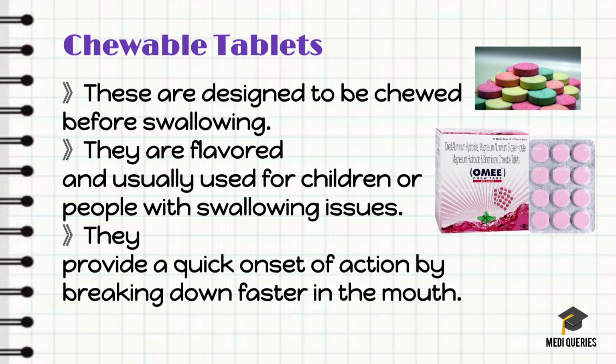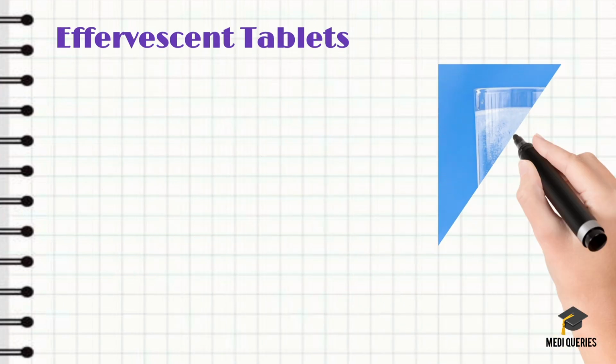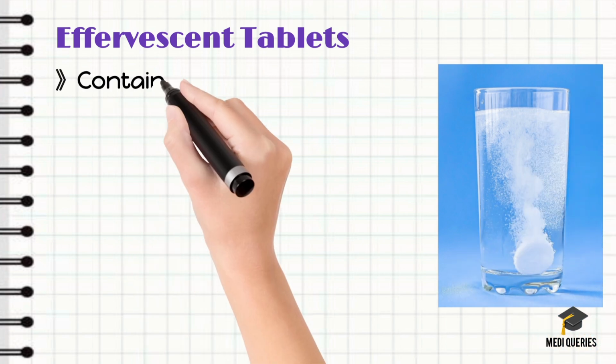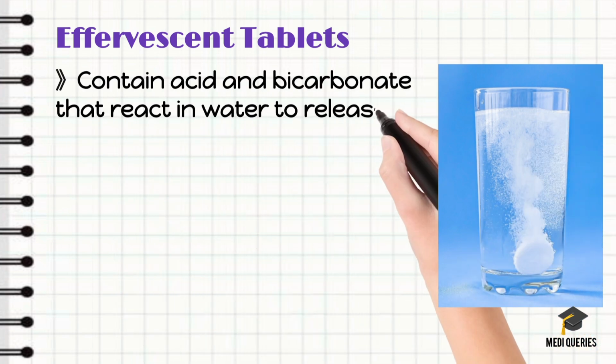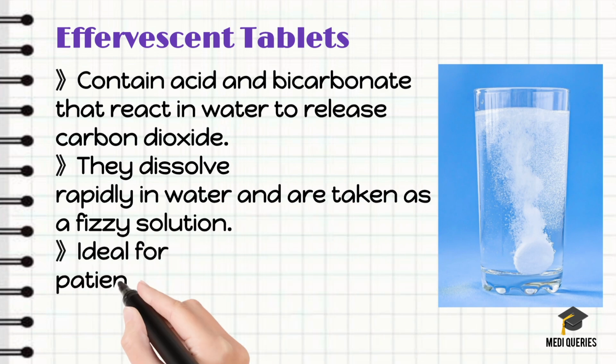And next one is the effervescent tablets. Effervescent tablets are meant to be dissolved in water before administration. They contain acid-base components like citric acid and sodium bicarbonate, which release carbon dioxide.